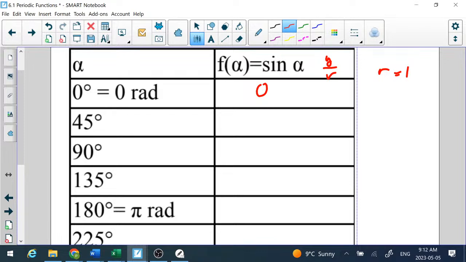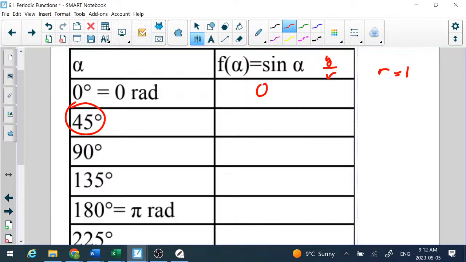Well, what's the y coordinate at 45 degrees? And let's go to Reese. What's the y coordinate at 45 degrees on the unit circle? The y coordinate. Y'all agree? Come on, show them some love if you agree. Yes. Okay, I agree.